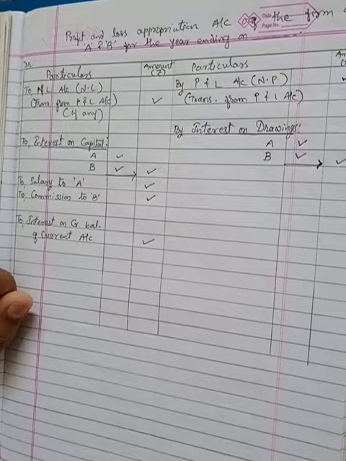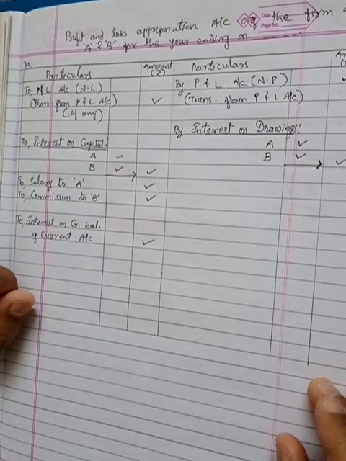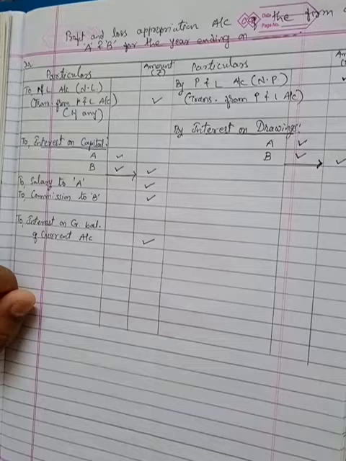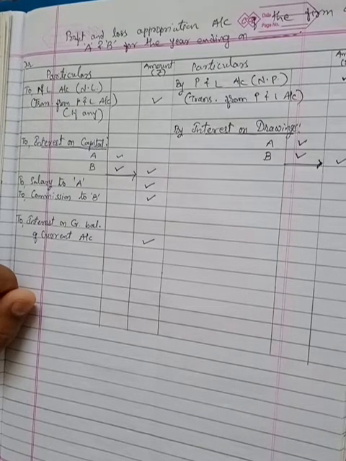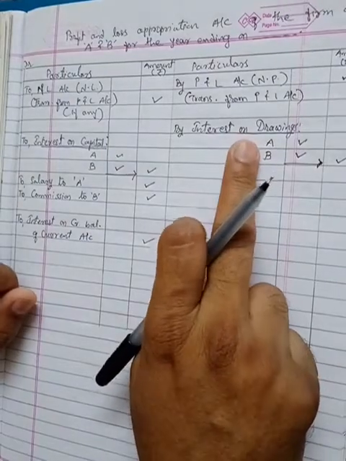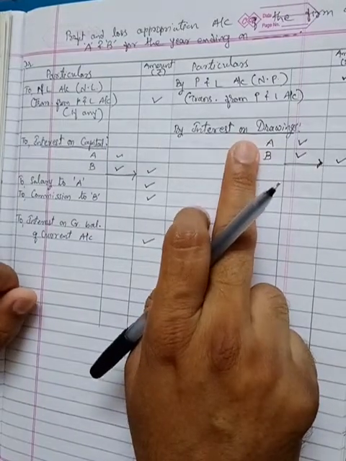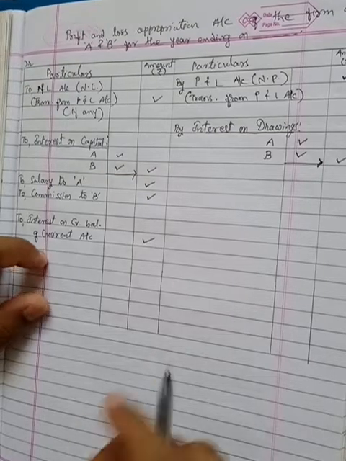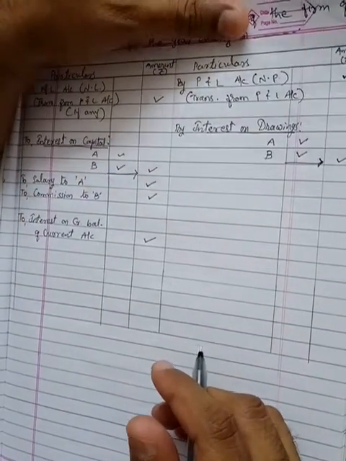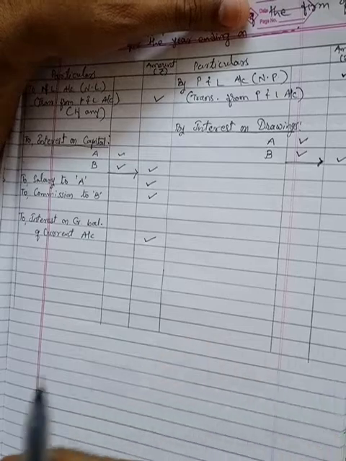Similarly, if there is debit balance of current account, then on the debit balance of current account, the firm is going to charge interest. So for the firm, it is an income. Just like drawings always have a debit balance. So on that drawings, the firm is going to charge interest and it is an income for the firm. So interest on debit balance of current account is an income for the firm.